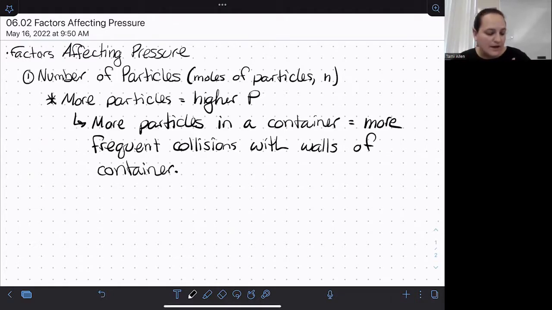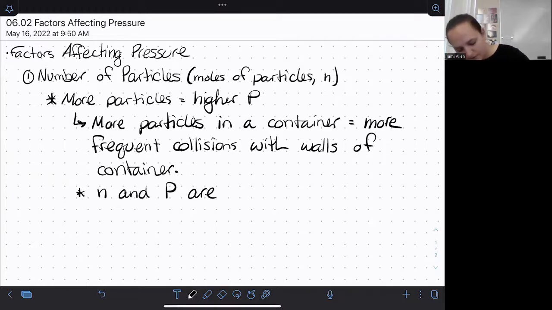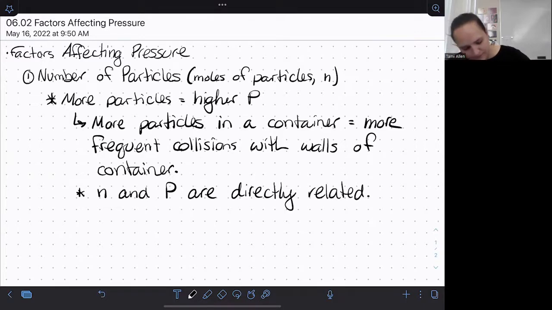So as the moles of gas in a sample increases, the pressure also increases. So moles and pressure are what we call directly related. Which means that as n increases, P also increases.